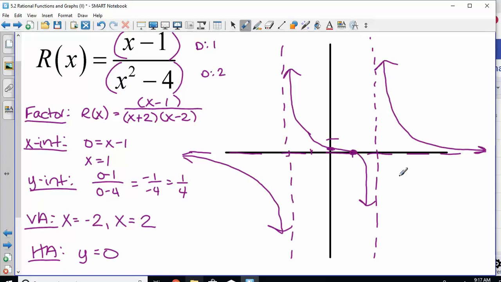Your vertical asymptotes kind of separate it into pieces. So when we only had one vertical asymptote, it broke it into 2 pieces. We had 2 vertical asymptotes, it broke it into 3 pieces. Because you have everything except those. Questions there? We're going to do at least one more, possibly 2, and then I'm done.